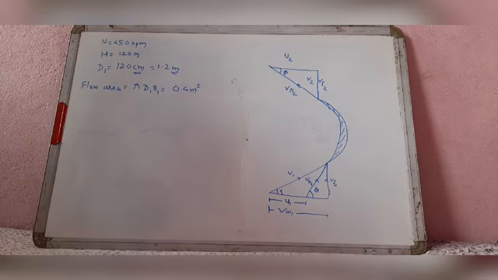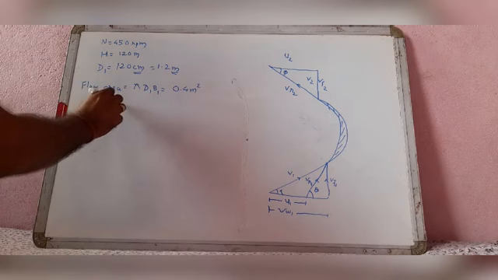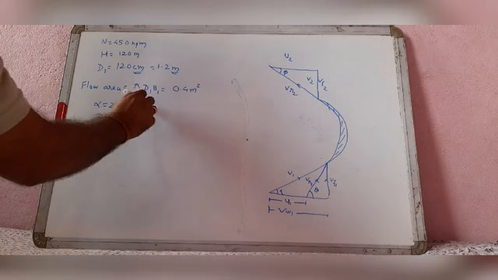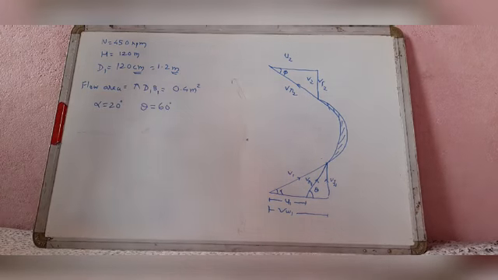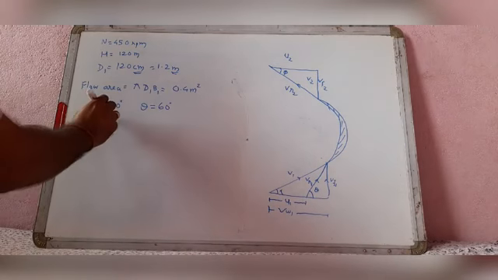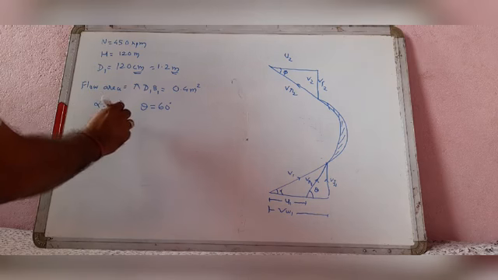Angle made by absolute velocity at inlet alpha equal to 20 degree and angle made by relative velocity at inlet, that is theta equal to 60 degree. And at outlet VW2 equal to 0.